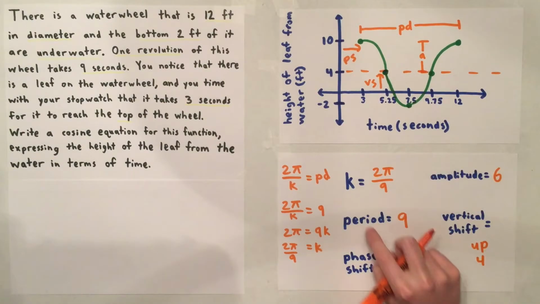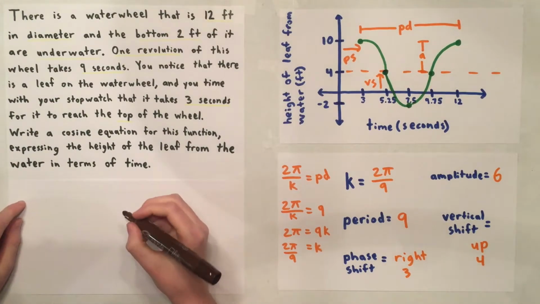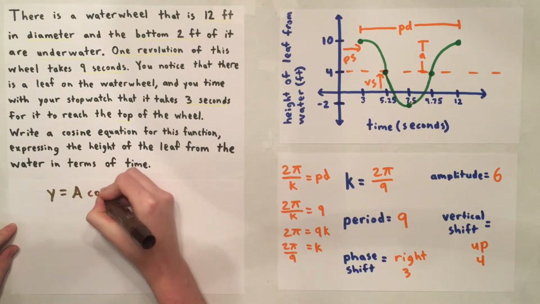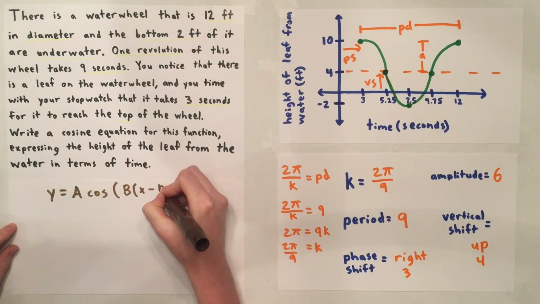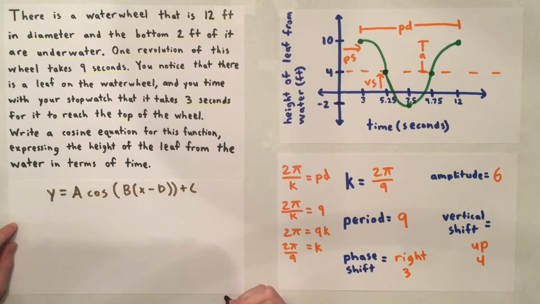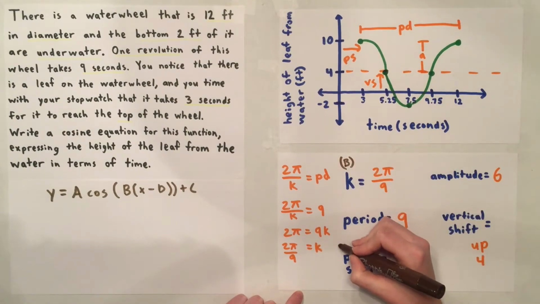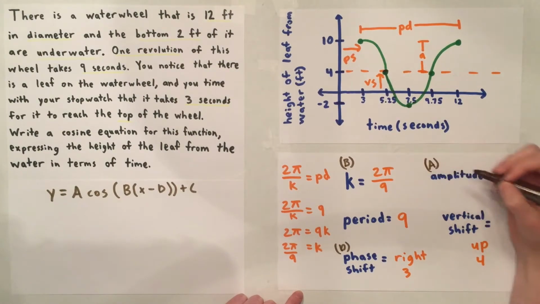Now that we have all of these pieces, we can write our cosine equation. The format of our cosine equation is this, where B is k, D is the phase shift, A is the amplitude, and C is the vertical shift.